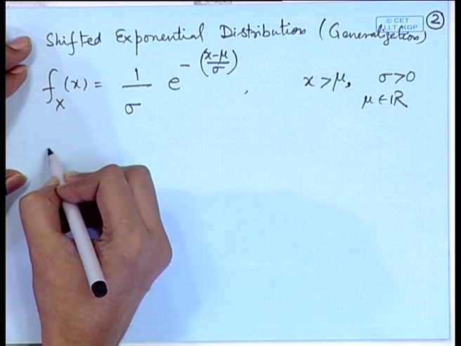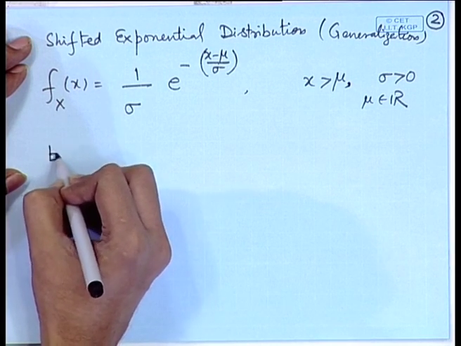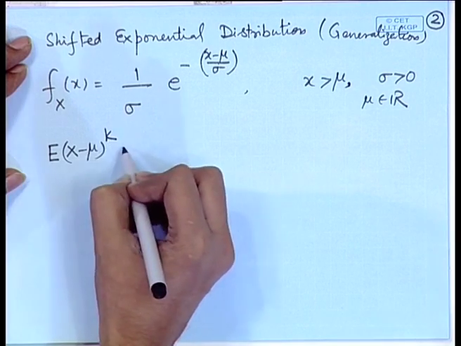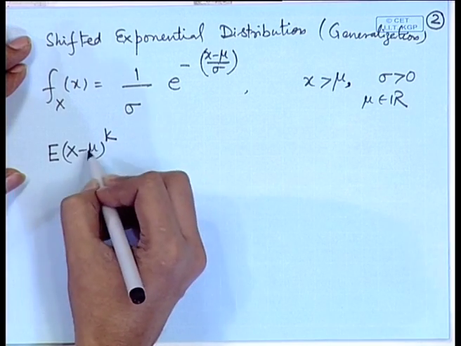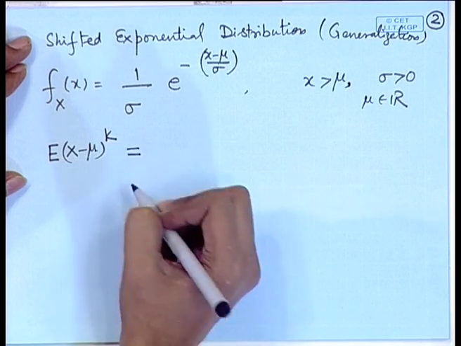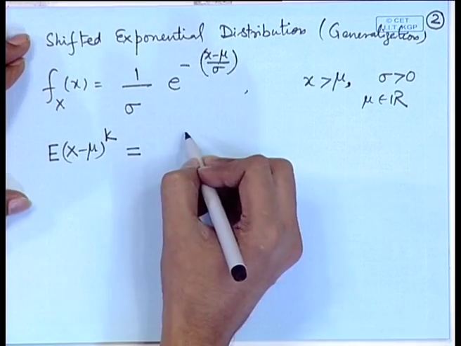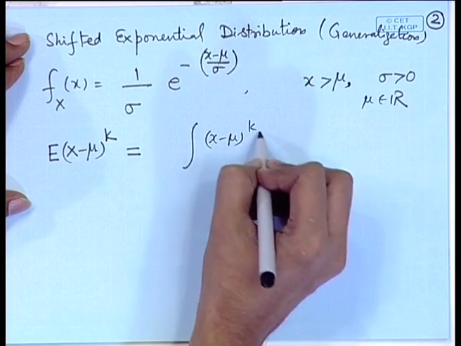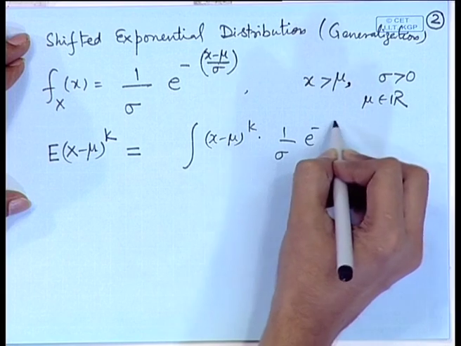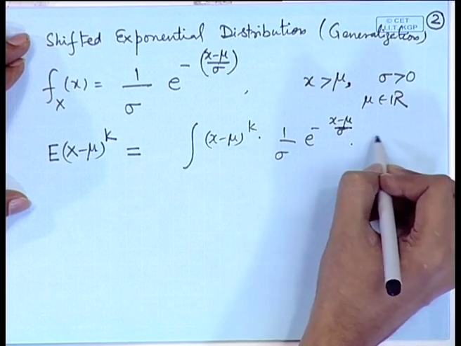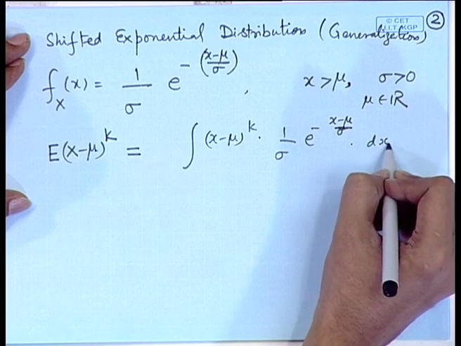So, let us consider the expectation of (x minus mu) to the power k, which is of course not necessarily the central moment, because we have not shown that mu is the mean. However, for convenience we are considering this. So, it is equal to the integral from mu to infinity of (x minus mu) to the power k times 1 by sigma e to the power minus (x minus mu) by sigma dx.